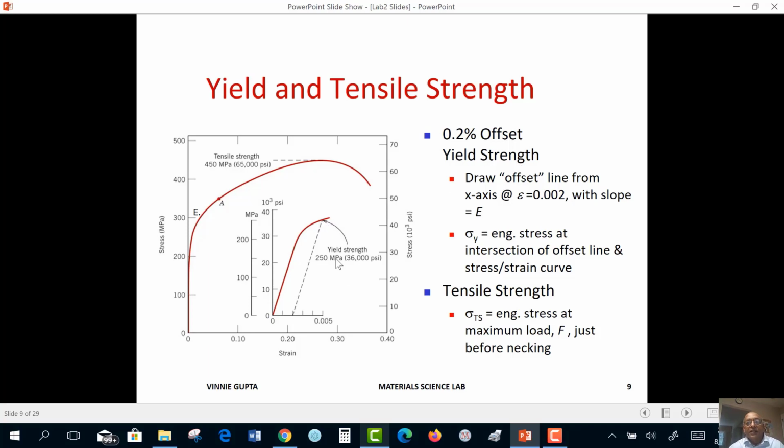In this case, the reading is 250 MPa or 36,000 PSI. And of course, tensile strength is the stress at the maximum. So there are two measures of strength: yield strength, when uniform plastic deformation begins, and tensile strength, when non-uniform plastic deformation begins.